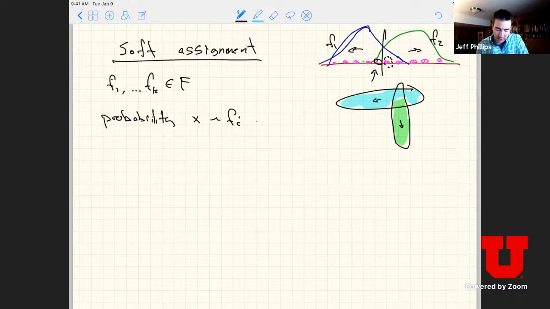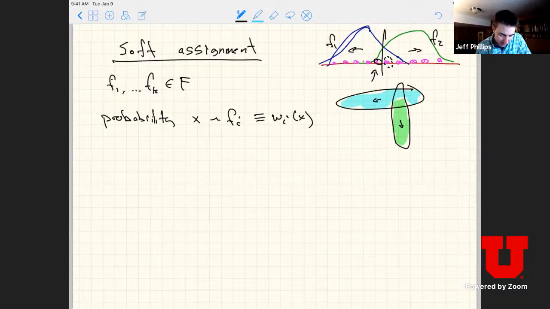I'm going to define that as wi of x. This will be a weight, and these weights are going to add up to 1. Remember, that's how these are going to be our soft assignments. We have these likelihood functions, so these are not probabilities. They're continuous probability distributions, but it's fine because we can factor out the normalization.